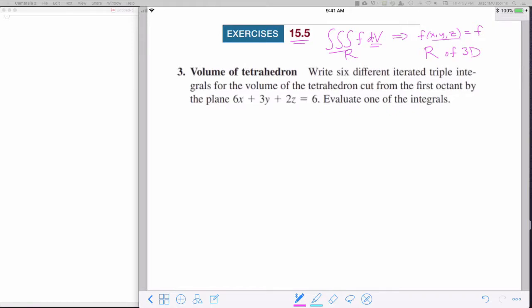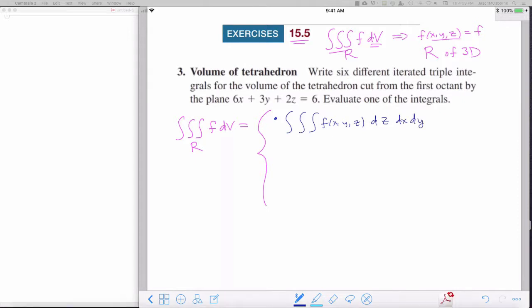3D. Okay? And one thing that can happen in these problems when you're doing a triple integral is that there are 6 different ways to write the problem. Right? The first way is that you can do an integral of this function, f of x, y, z, whatever you're given, and the order can be dz, dx, dy, for example, in which case you would have your z limits, then your x limits, then your y limits.